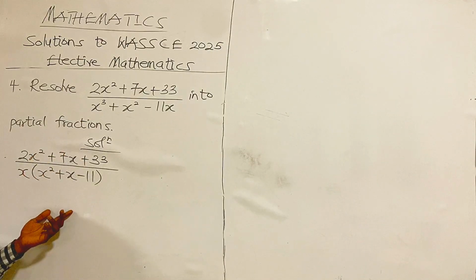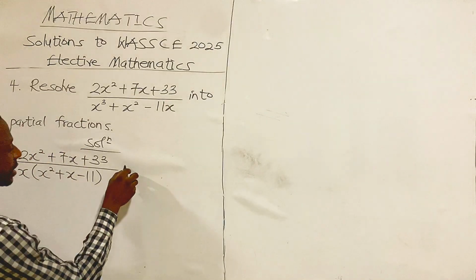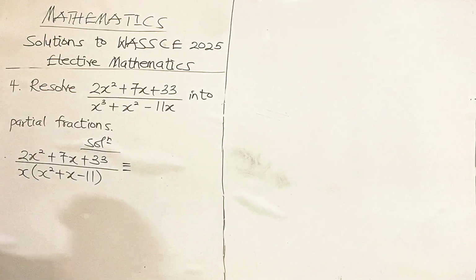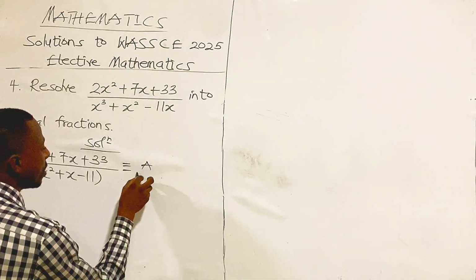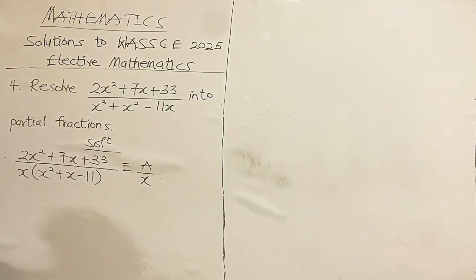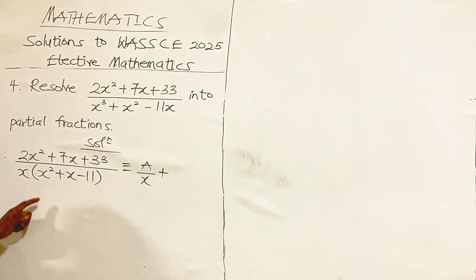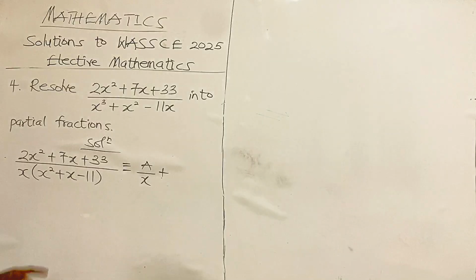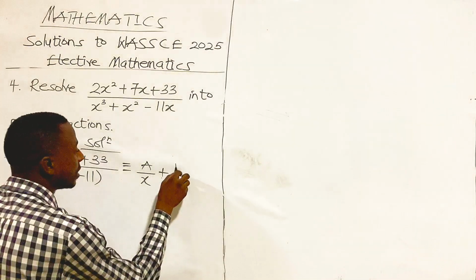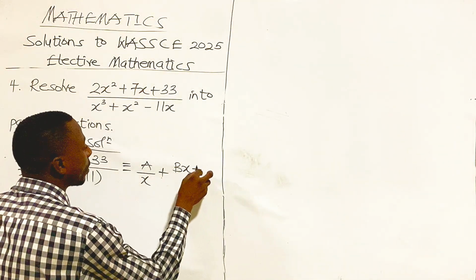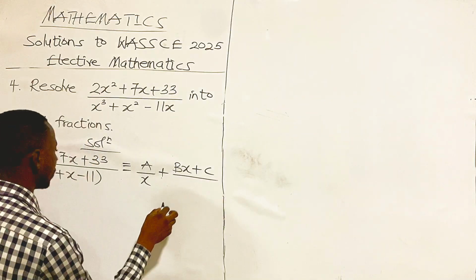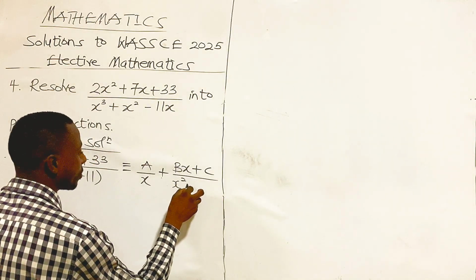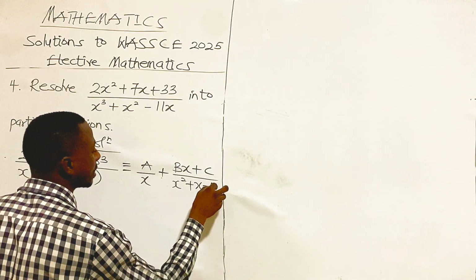So this will be the new function, which is equivalent to a over x, a over the denominator here, plus, we could see that this is quadratic, and when it is quadratic, the numerator is going to be a linear, which is bx plus c all over x squared plus x minus 11.